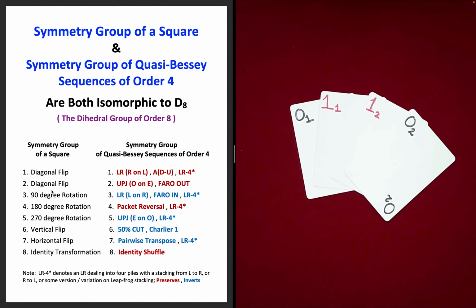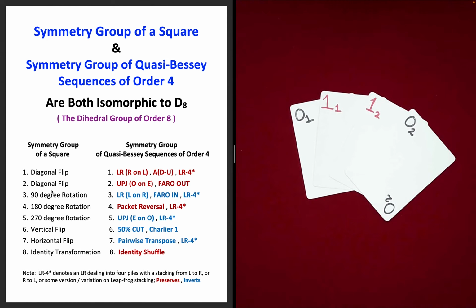The preservation of structure here for these quasi-Bessey sequences of order 4 is that the sequence structure is exactly preserved or it's inverted. One of those two things will happen if you apply an element from the dihedral group of order 8. And to my knowledge, I have not seen anywhere where the dihedral group of order 8 has been applied to a packet of cards that leads to a very surprising result.